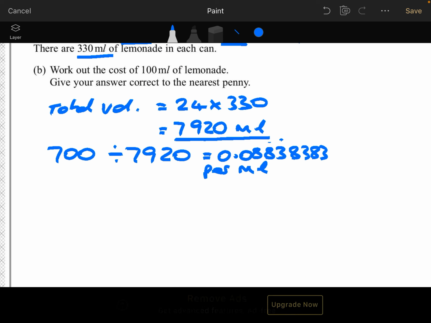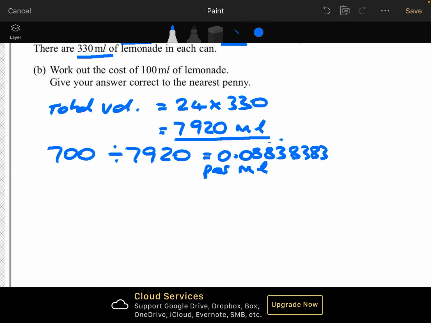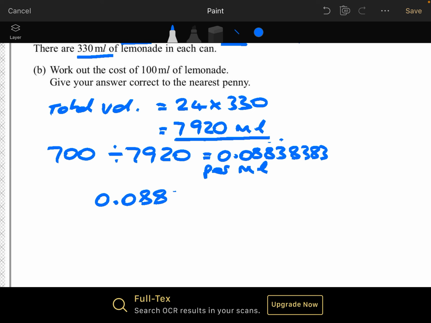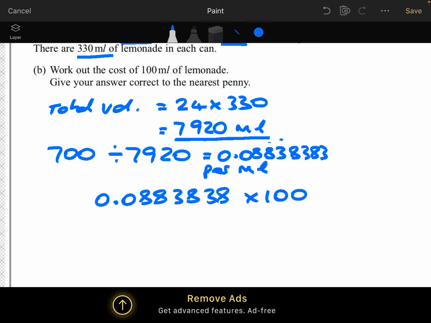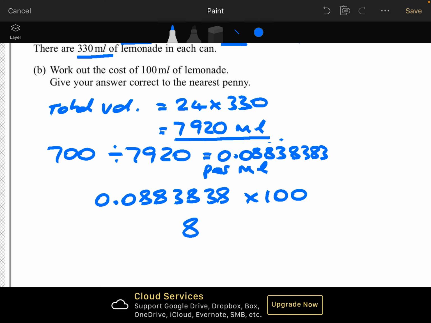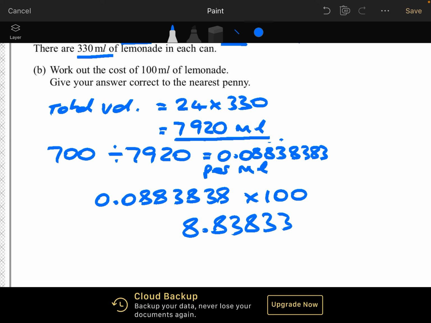We want it per 100 millilitres. So if I times that by 100, that will give me 8.838383. It's got the two dots above it if you've not rounded when you worked out this one here.